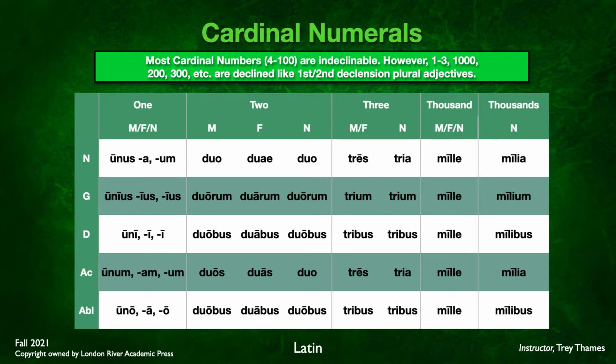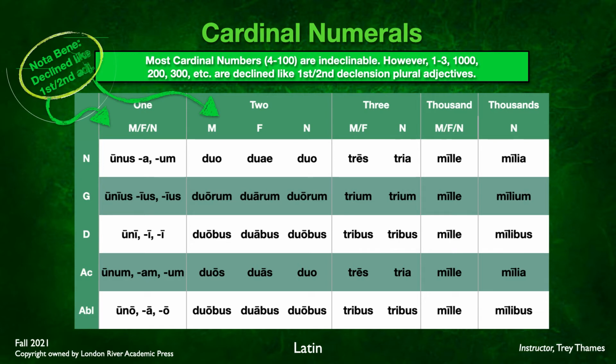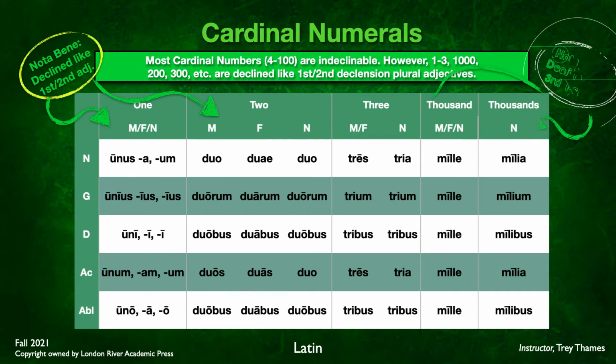First one we have is one. Unus, una, unum. You need to know that both 1 and 2, duo, duae, duo, do decline basically like first and second declension adjectives. The number 3 and 1,000 will decline essentially like a third declension i-stem noun. And we'll look at those here in just a minute.